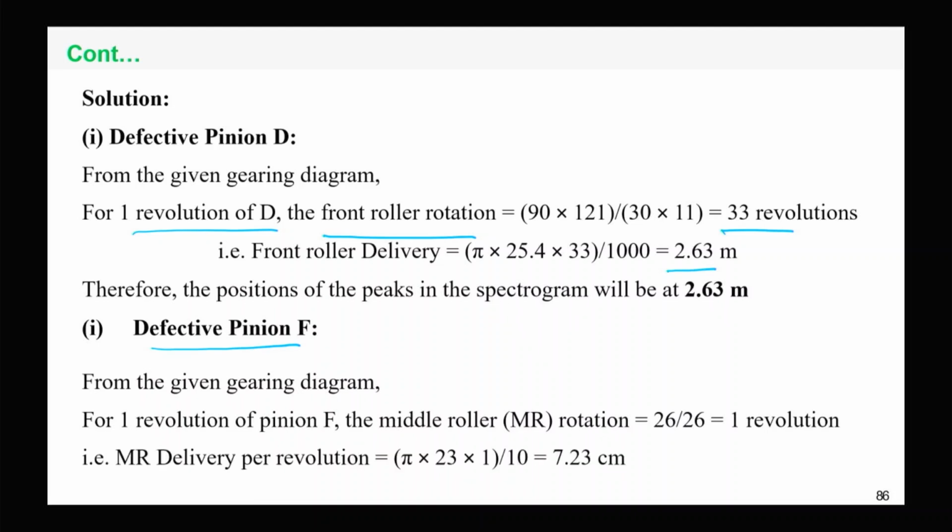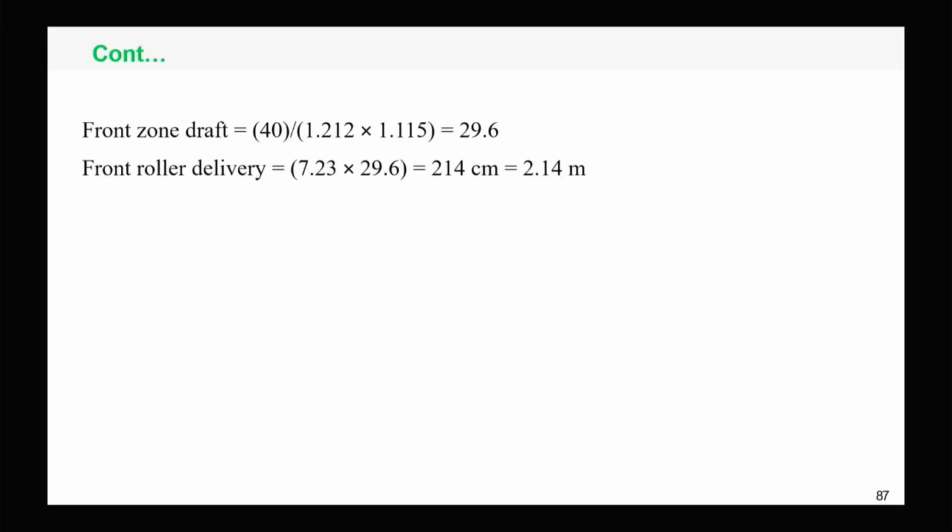So for one revolution the middle roller delivers 7.23 centimeter, and the front zone draft we have calculated is 29.6.